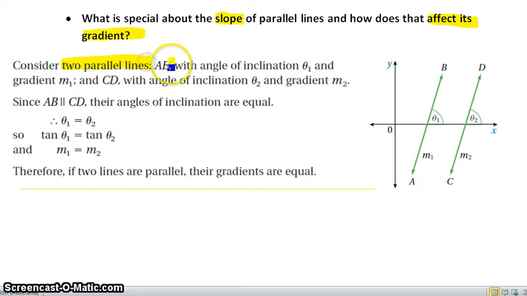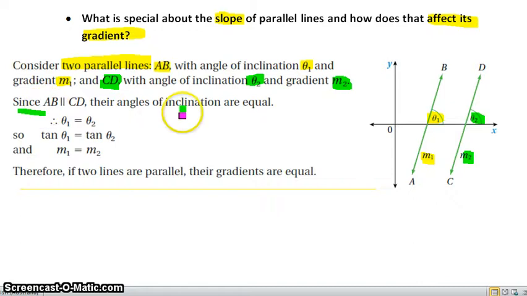Say we have two parallel lines. AB has an angle θ1 and gradient m1. Then say we have another line, CD, with angle θ2 and gradient m2.